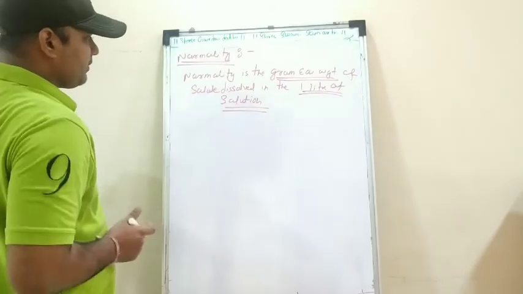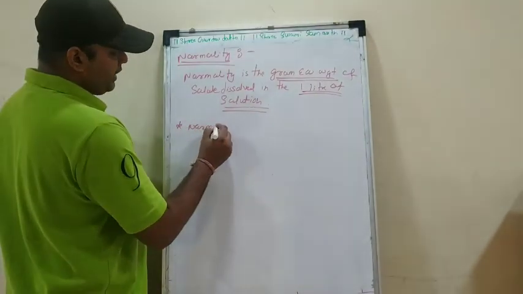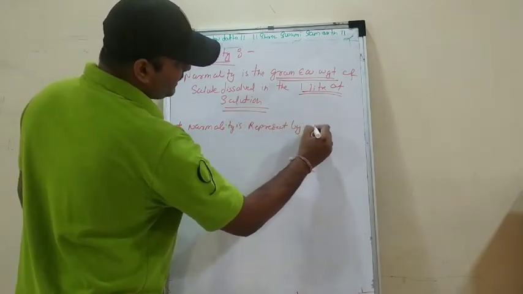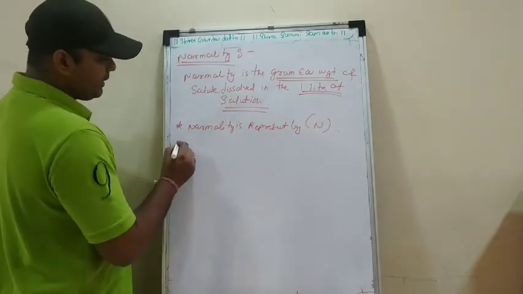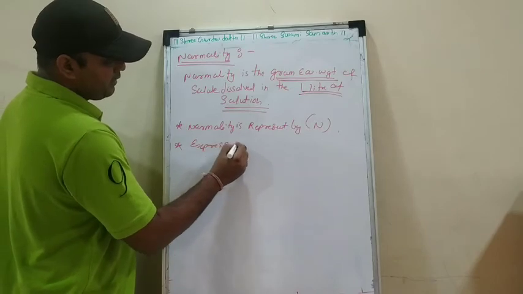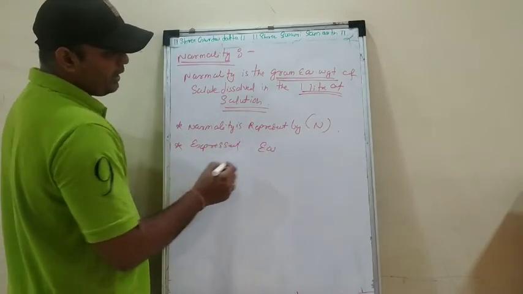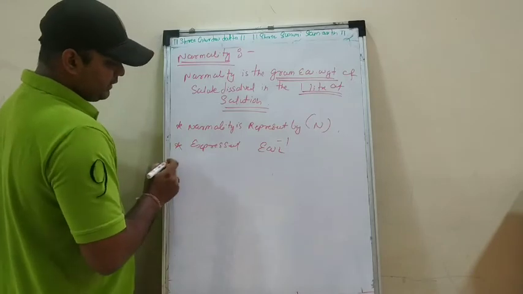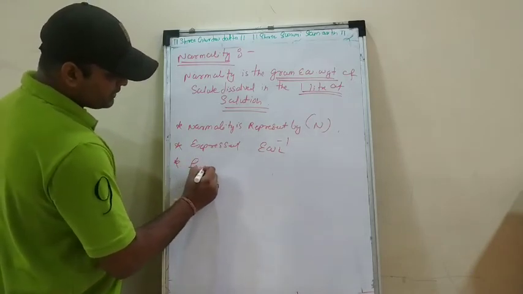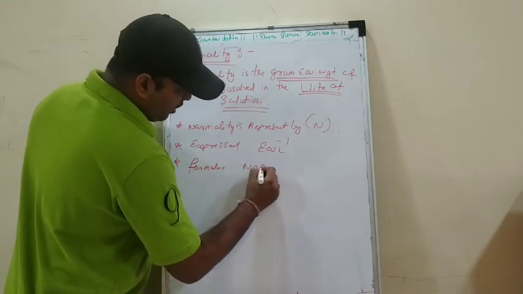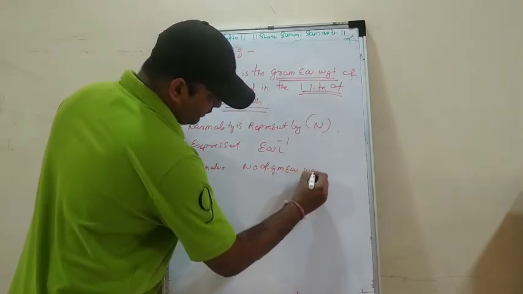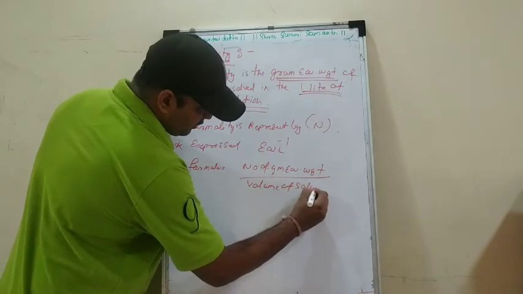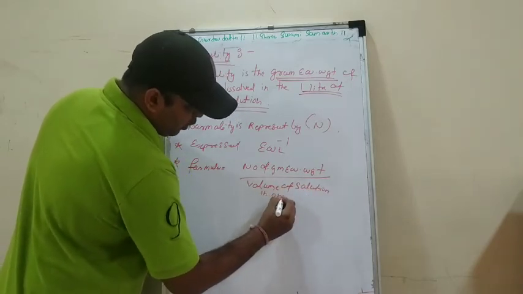Now in this case, normality is represented by capital N, and it is expressed as equivalent per liter, and the formula for this is number of gram equivalent weight divided by volume of solution in 1 liter.